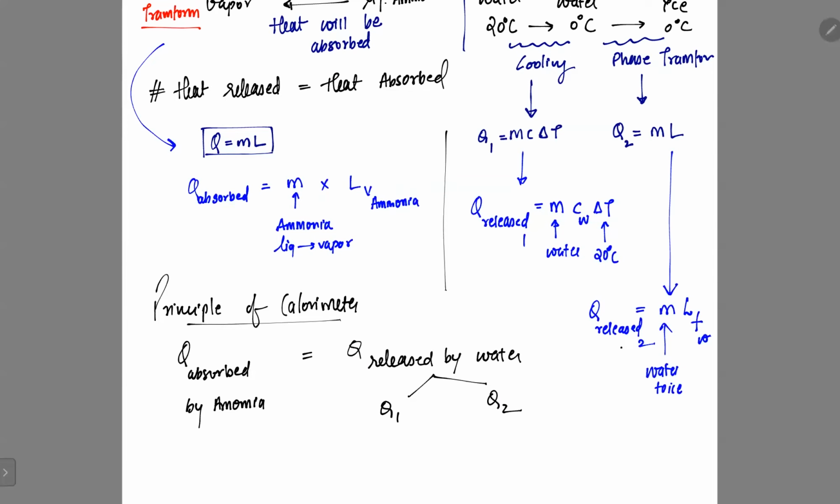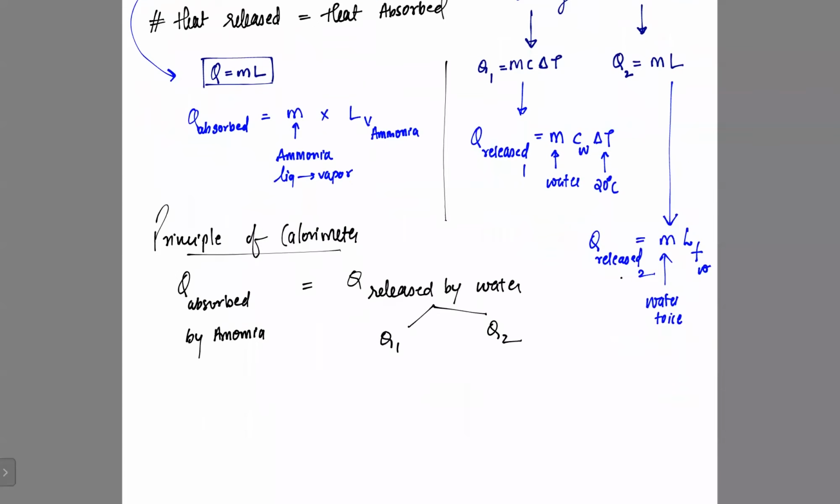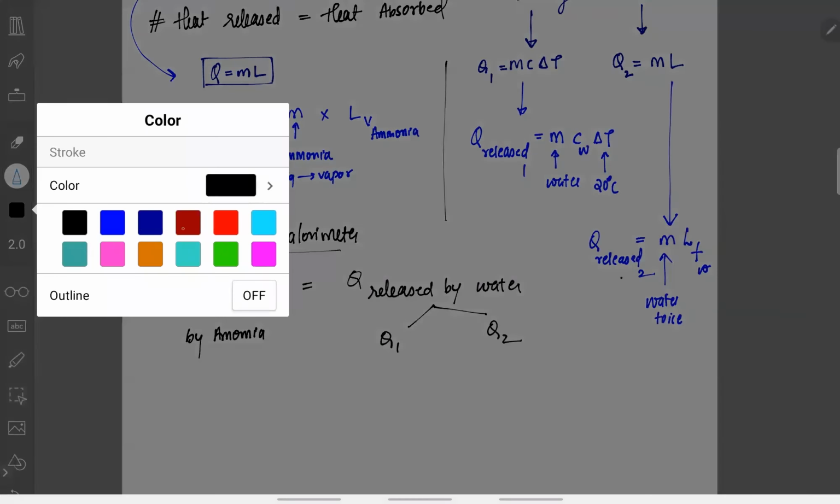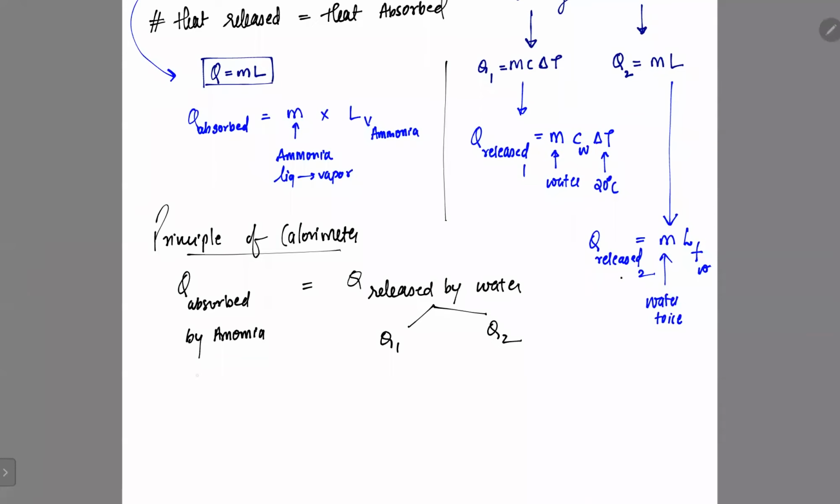Beautiful. Now, the heat absorbed, pay very high attention, the heat absorbed by ammonia will be written as the mass of ammonia into latent heat of vaporization of ammonia is equal to Q1. Q1 is the mass of water into the specific heat of water into the change in temperature, plus the mass of water that got converted into ice into latent heat of fusion of water. Agree? Beautiful.